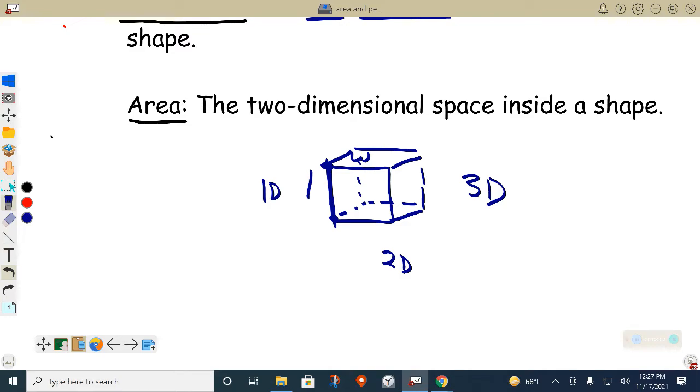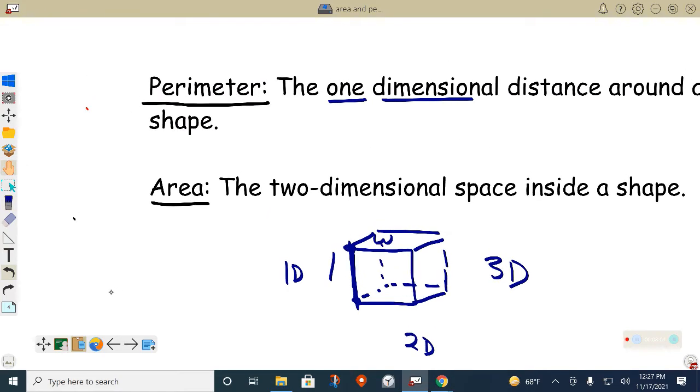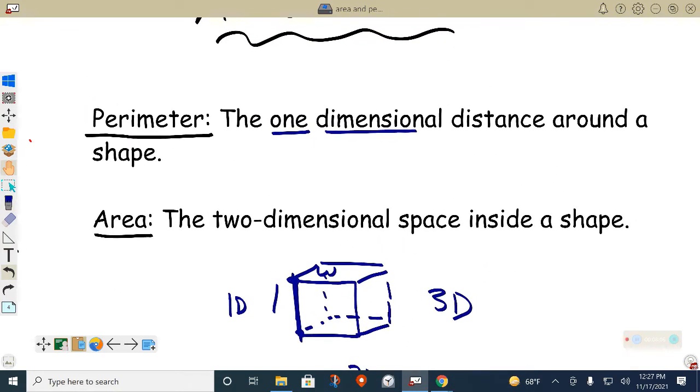So, let's look at the perimeter definition I gave you. I'm giving you a definition you're not going to see in junior high or elementary school, because you guys are Math 3 students. I'm giving you a definition that involves dimensions because I need you to think at a higher level. Watch.